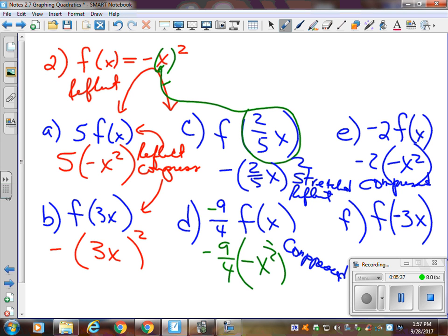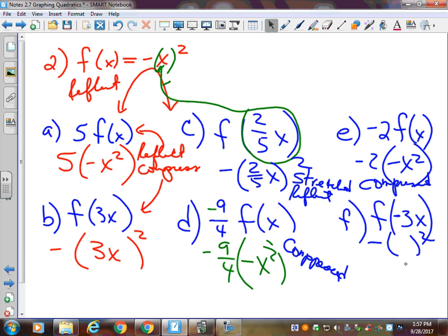And then down here, if I put the negative parentheses squared down, then I can plug in the negative 3x in there. That's going to square the negative out, but it's still out here, isn't it? So it still reflects. But what does the 3 do? Compresses.